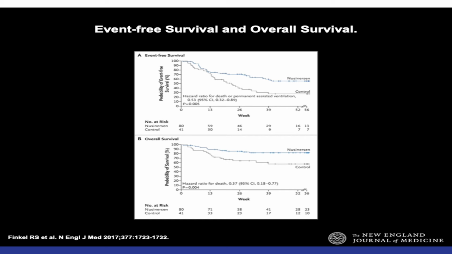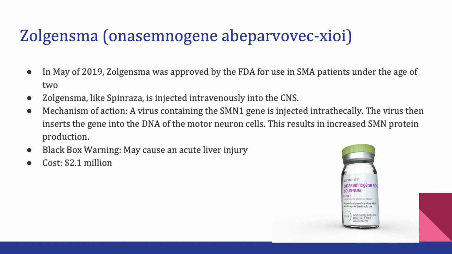You can see both charts indicate that nusinersen was significantly effective in limiting SMA-related events while also improving overall survival. All right, so the next drug we're going to talk about is Zolgensma, which is the second drug approved for the treatment of SMA, and it takes a very different approach to solving the absent SMN1 gene in patients with SMA than nusinersen does.